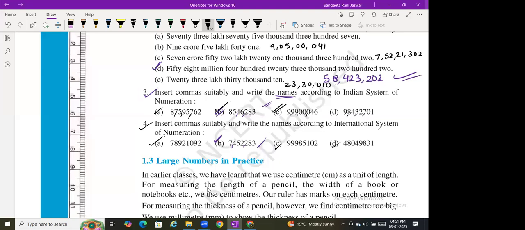Adya, D-bit. Hurry up, Adya. 48,049,831. Good. Okay. So you all know the international and the Indian system.